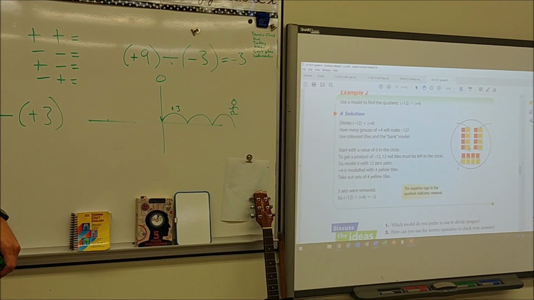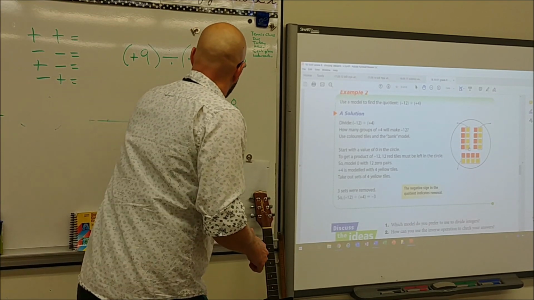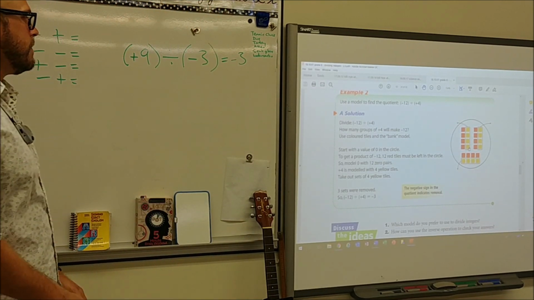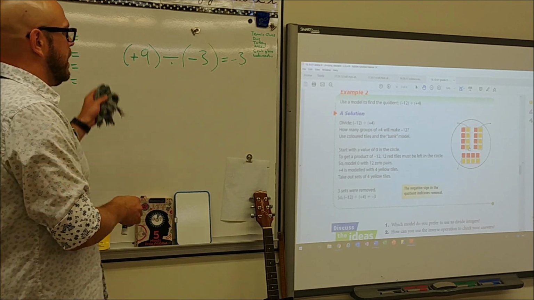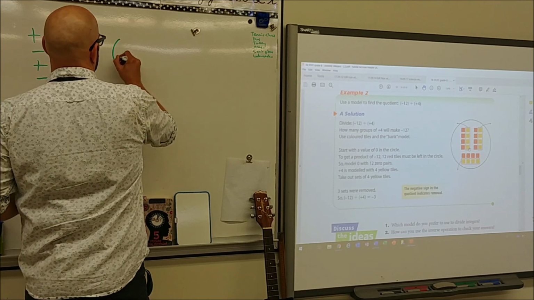you can also use your blocks. Let's take a look at your blocks. It says divide -12 divided by +4.